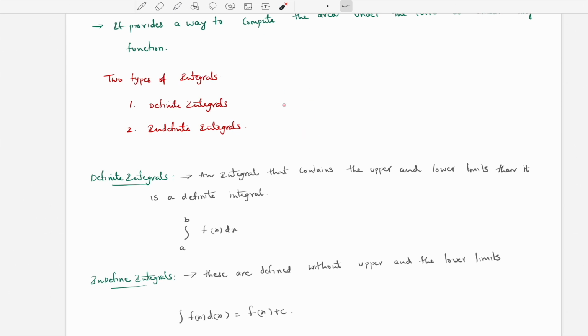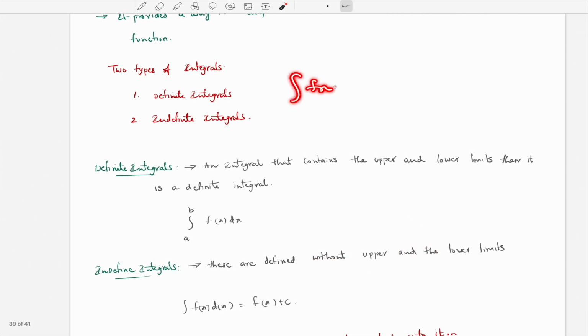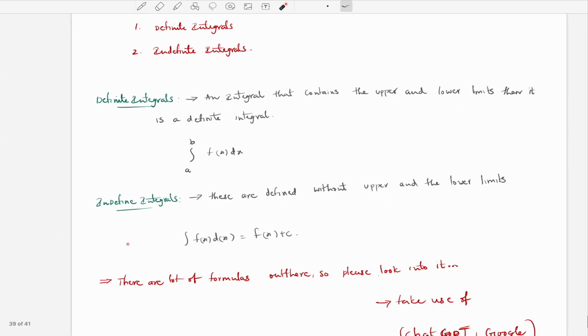Indefinite integrals are defined without the upper and lower limits. If you have the integral of f of x dx with no upper and lower limits, it is called the indefinite integral of this function. I hope you get it. Having numbers is definite, and having no numbers is indefinite.